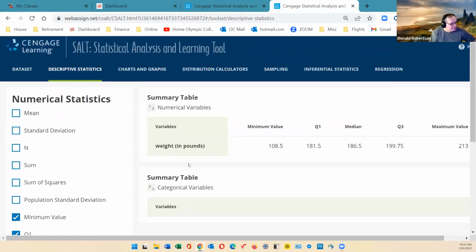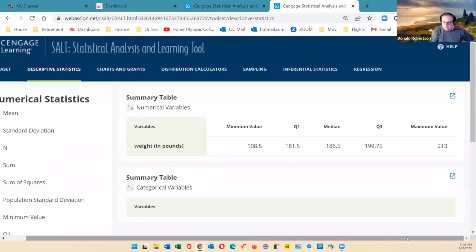Now, can you see our 5-figure summary is good to go? See them there? Now, I'm going to write these guys down because I'm wanting to know, are there any outliers, right? So I've got a minimum, which was the coxswain of 108.5.